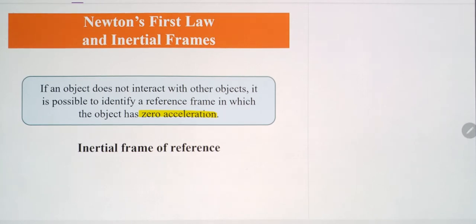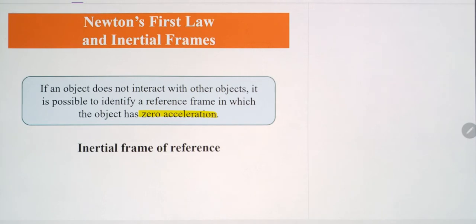And it is very important when you want to solve problems of Newton's laws that you determine where your inertial frame of reference is.